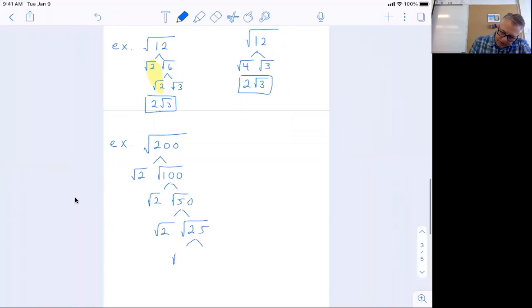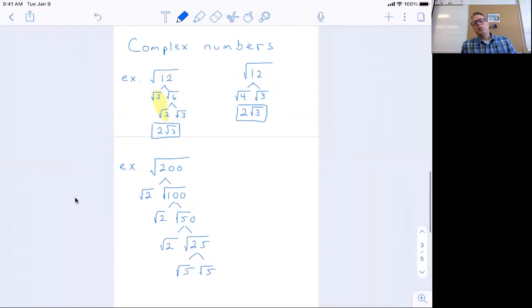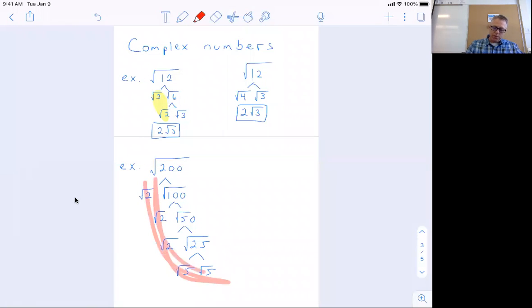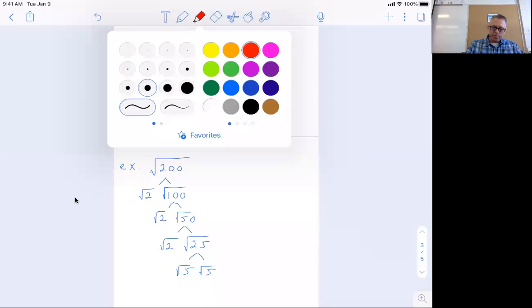And I know 25 is 5 times 5. And so we're doing that factor tree. And in fact, it's really called a prime factor tree because we have to get it all the way down until we get all prime numbers down here. Those are all prime numbers. 2 and 5 are both prime.